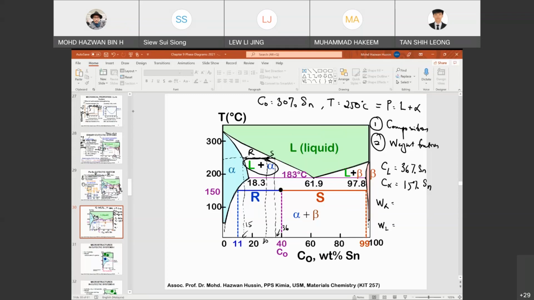Okay, right. So if you want to calculate W alpha, what would be the formula? 36 minus 30 divided by 36 minus 15. Okay, very good. Alpha is located on your left hand side, so the opposite line will be S. So S over R plus S.